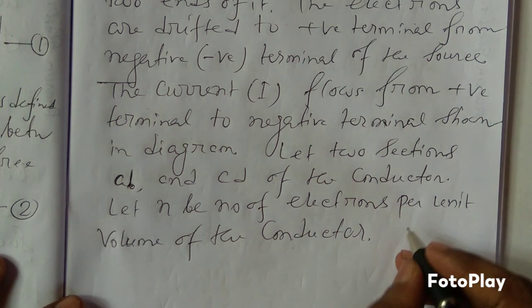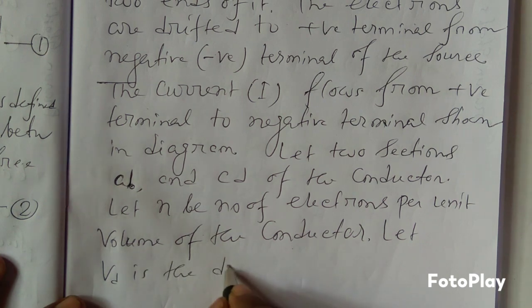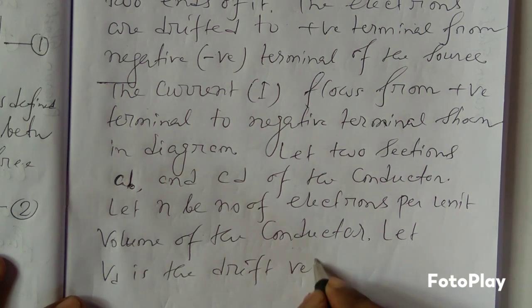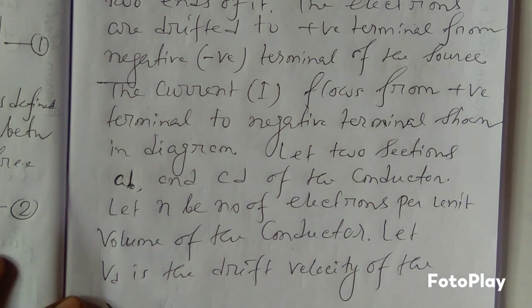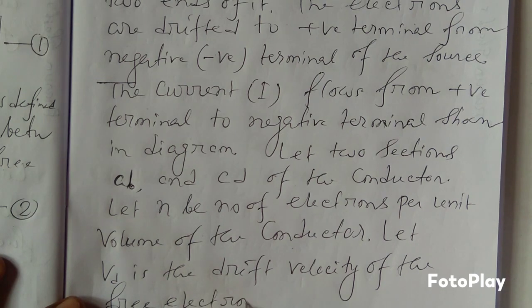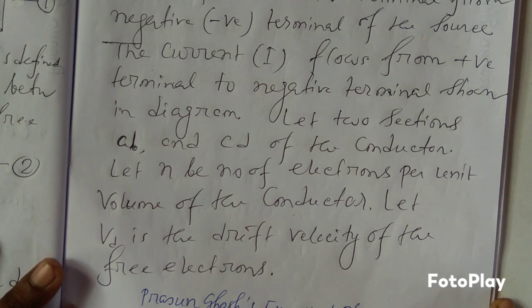And let Vd be the drift velocity of the free electrons.